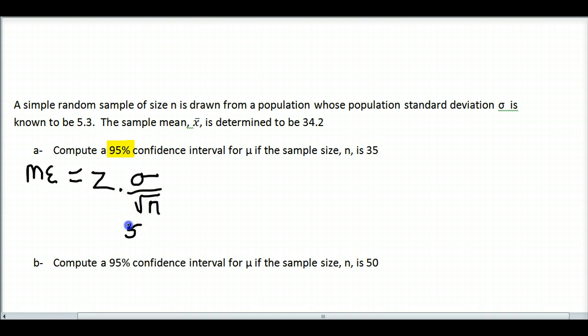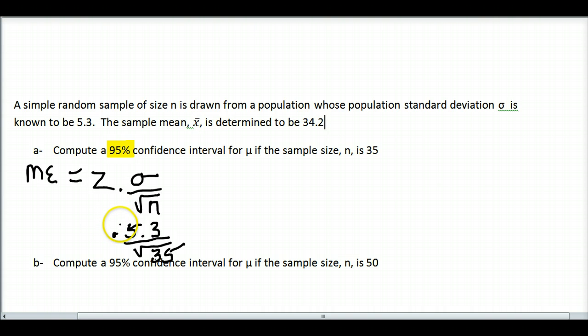Well, let's go ahead and fill in 5.3 based on the problem given. It defines it right in the statement. We know that n, or the number in my sample, is 35. Where do I get this z value from?